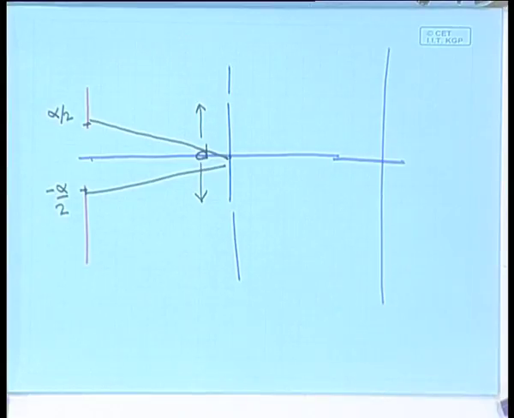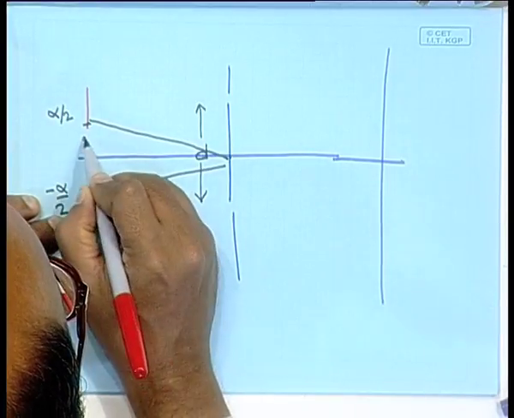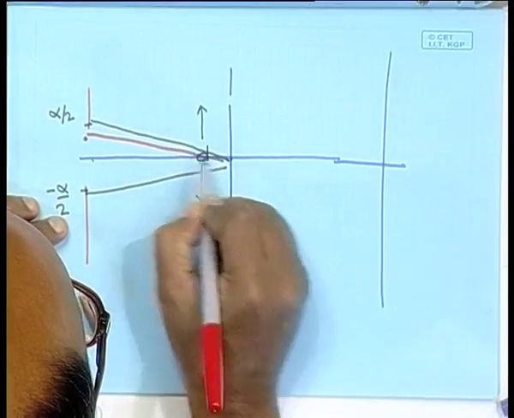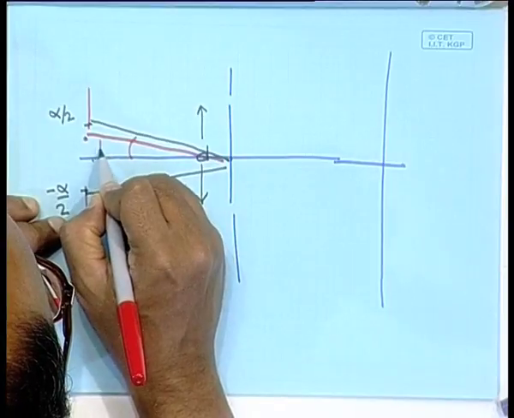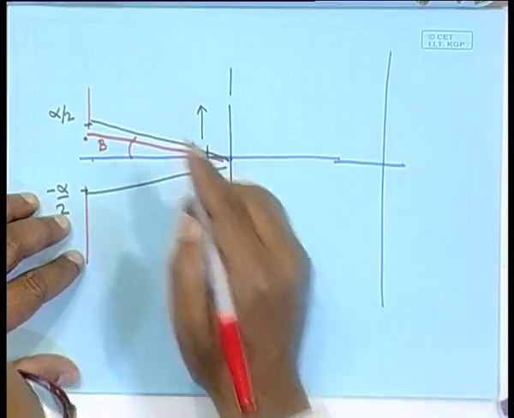So, let us do this calculation. We will take a point on the source which is at an angle beta.